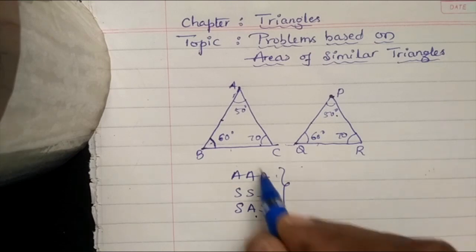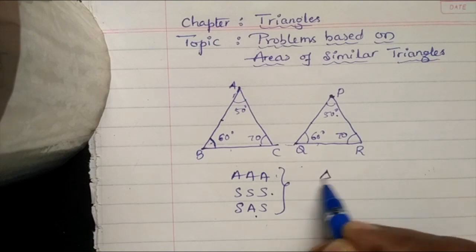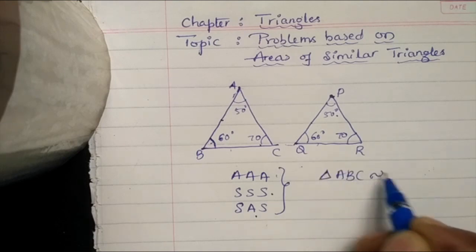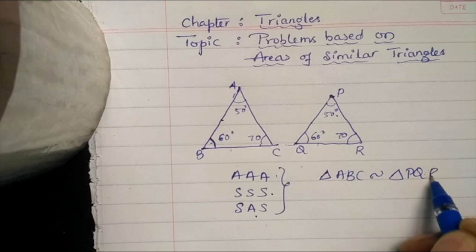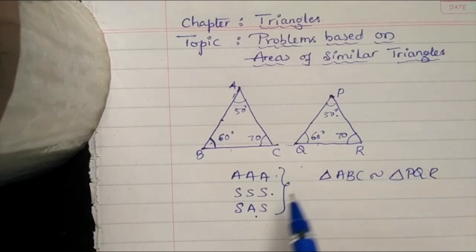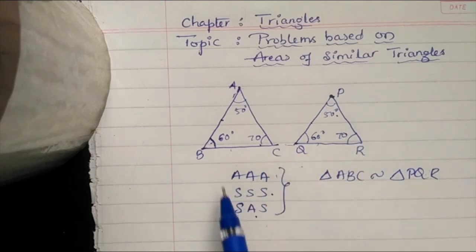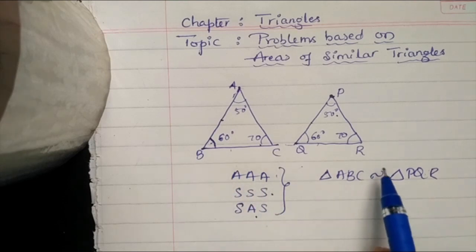After using any one of these three criteria, next we write triangle ABC similar to triangle PQR. We use this symbol only after proving the two triangles are similar. If they are not proved similar by any one of these three criteria, you should not use this symbol.